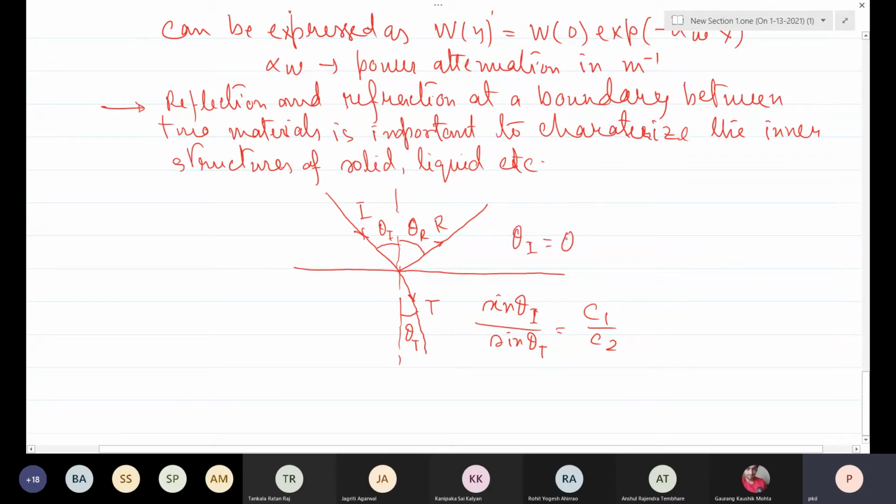So it is very similar to the reflection and refraction. So this medium 1 is characterized by C1 and R1, and medium 2 is characterized by C2 and R2.